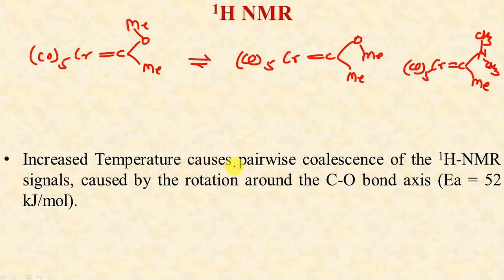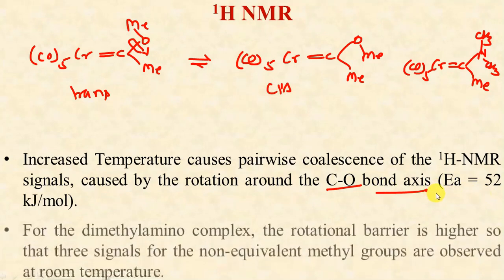So increased temperature causes pairwise coalescence of the proton NMR signals caused by the rotation around the carbon-oxygen axis. Means in this case, if temperature is increased, the rate of trans and cis conformation interchange will be increased, and for this reaction the activation energy is approximately 52 kilojoule per mole.